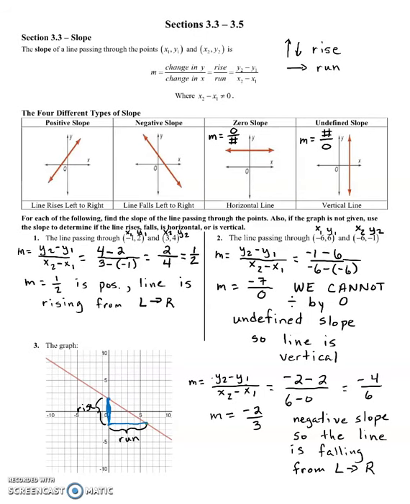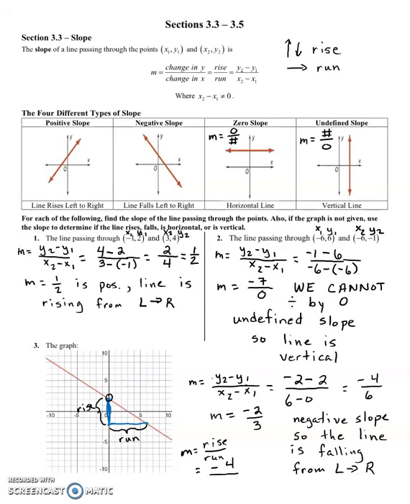So if we start at this point here and we count the number of units down to this other corner, we have 1, 2, 3, 4. So since we went down 4, that gives us a rise of -4.